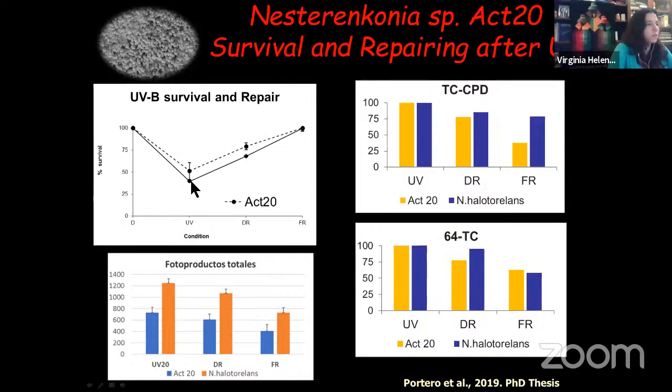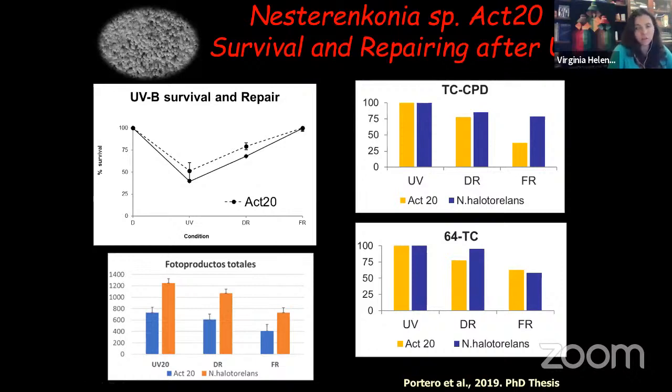One we exposed to dark repair, and the other we left in the light, so it can recover, and if they have photolyase, they were going to recover in this condition. So as you see, both strains, one is Act20, this one, and this is allotolerans, they both can recover after UV stress, and they recover much more in photo repair than in dark repair.